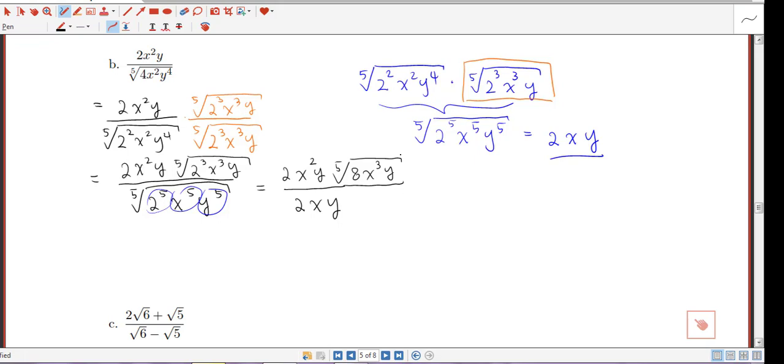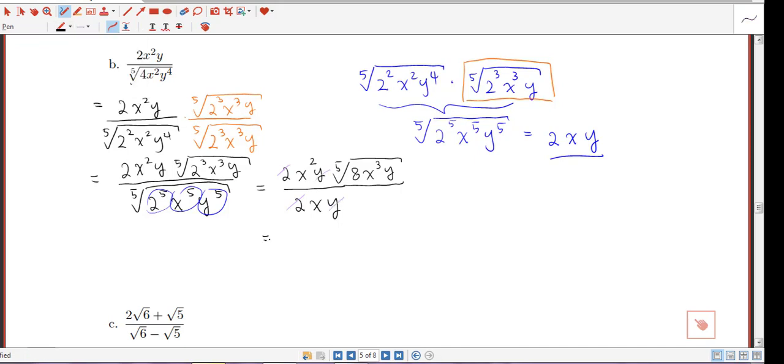Okay, now let's stare at this. Do you see that you can cancel out the 2's? And then you have x squared over x, so that's just going to become x. Or you can think of it as x squared is x times x, and you have another x on the bottom, so you could just cancel one of the x's. And then you can certainly cancel out the y's.